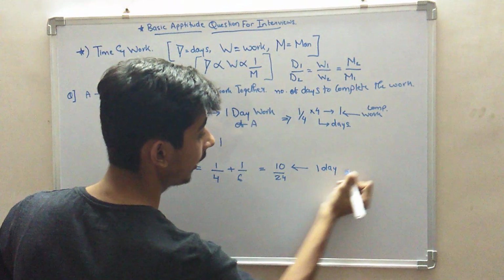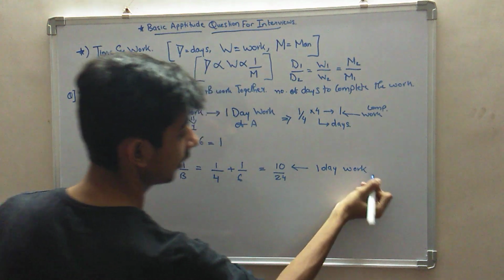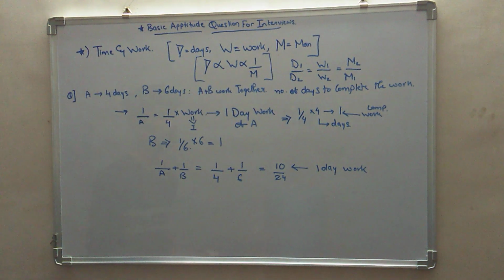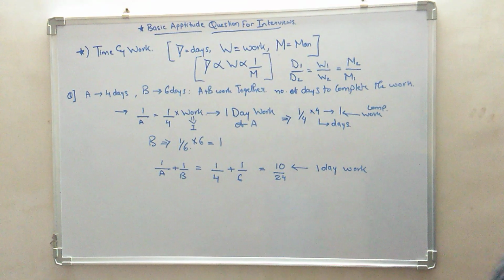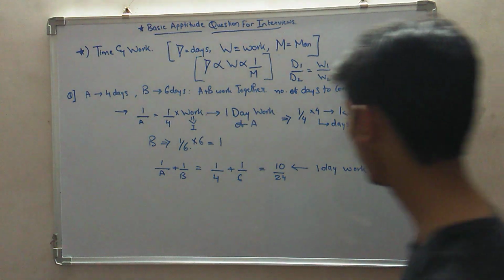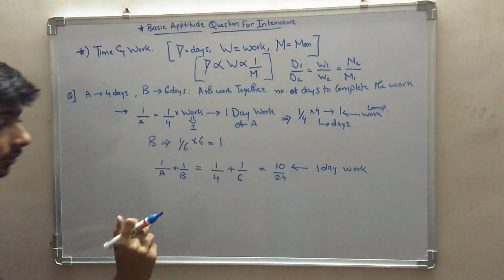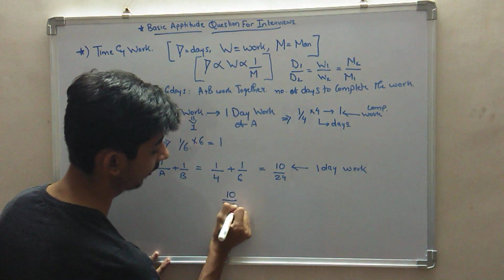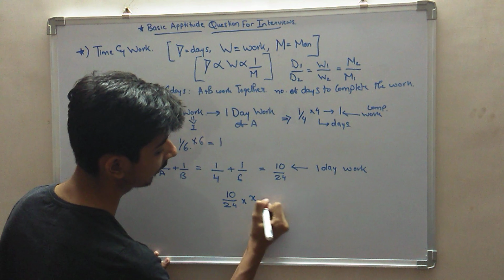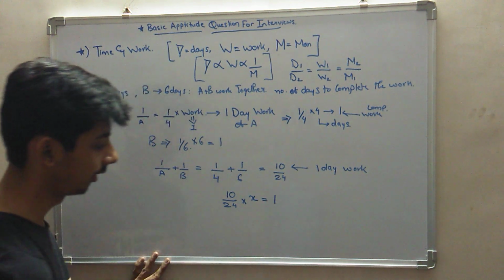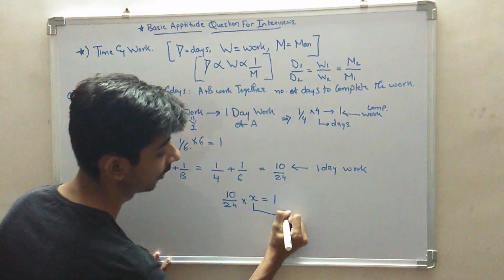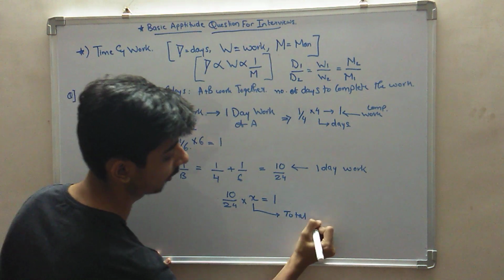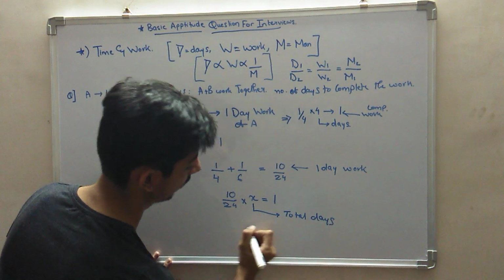So 10 upon 24, which is equal to 5 by 12, of the work is done in a single day. So 10 upon 24 multiplied by x is equal to 1, where x is the total days.